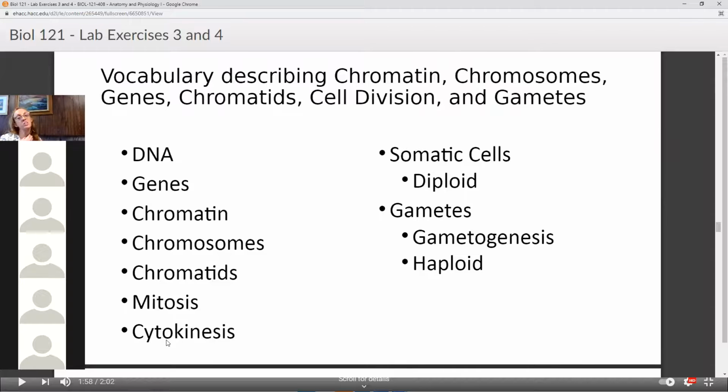Cytokinesis, like Tarek said, cyto means cell, and kinesis means to cut. So this is a division of all the other components of the cell besides the nucleus.